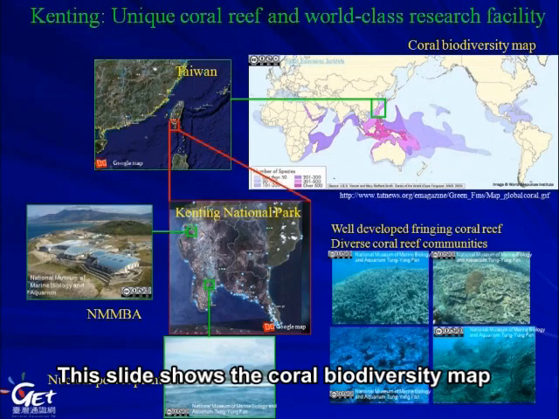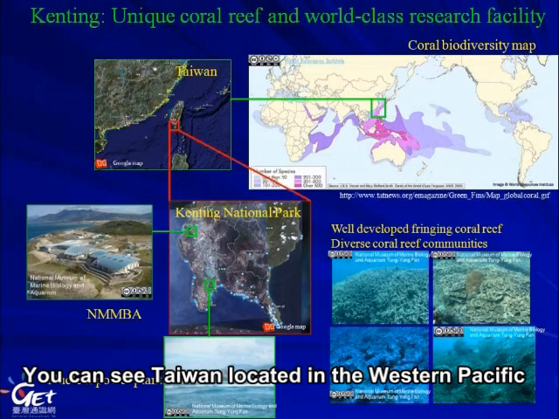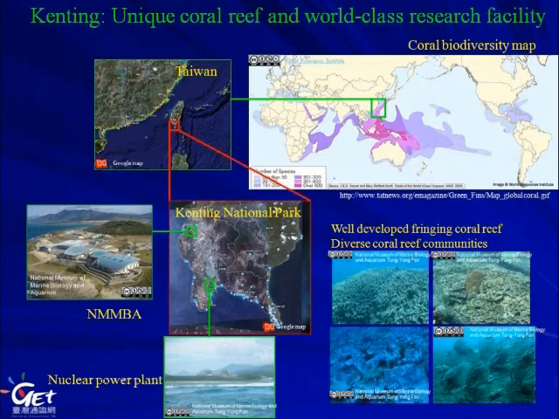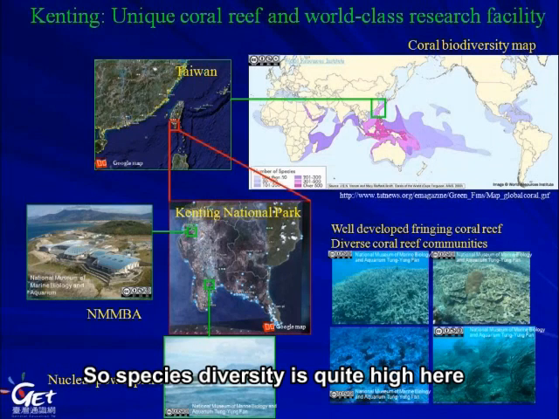This slide shows the coral biodiversity map. You can see Taiwan is located in the Western Pacific. Here, the purple column shows coral species diversity ranging from about 300 to 500 species, so the species diversity is quite high here.